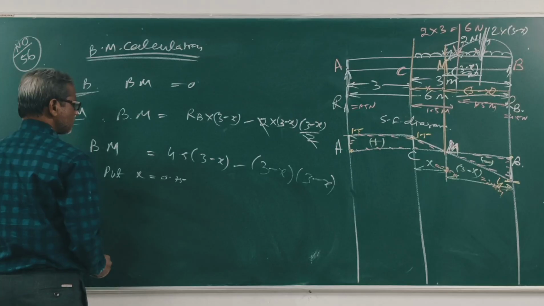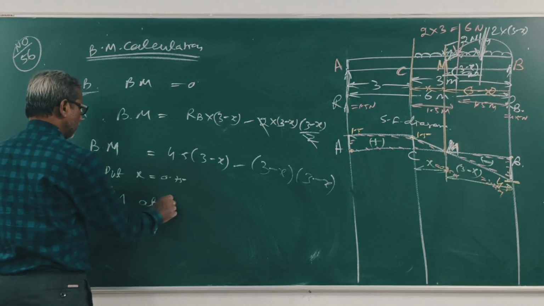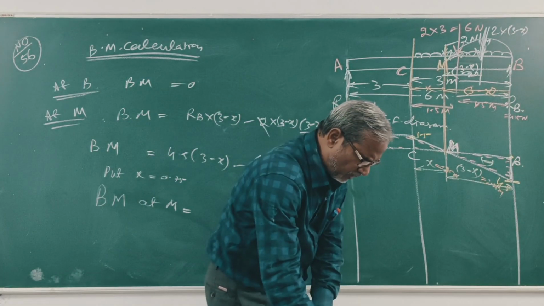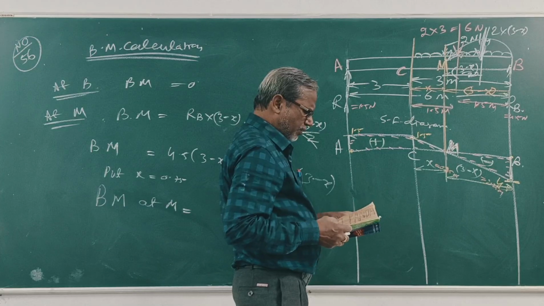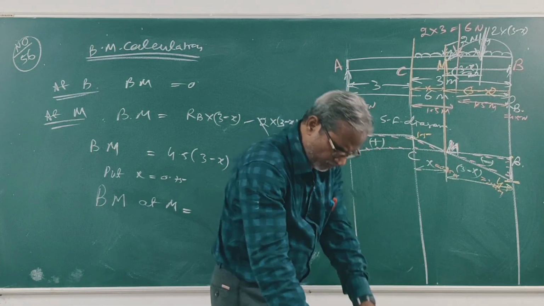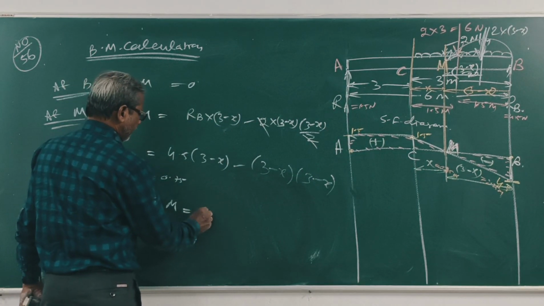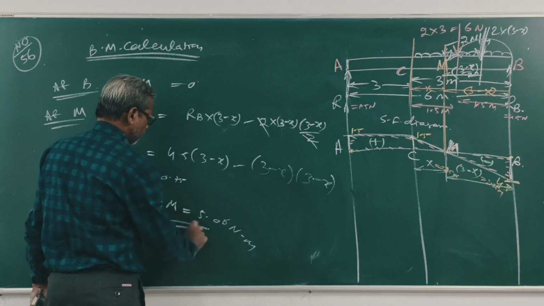Clear? So BM at M is equal to 5.06 Newton meter.